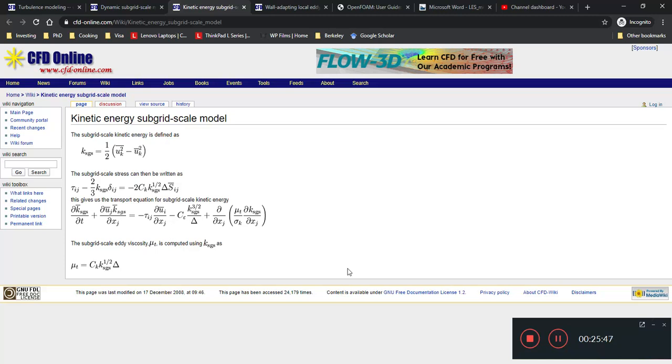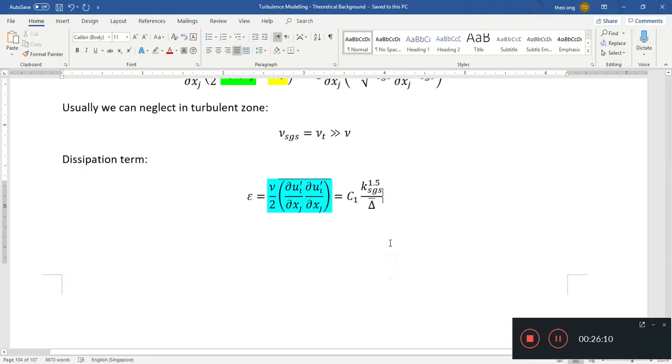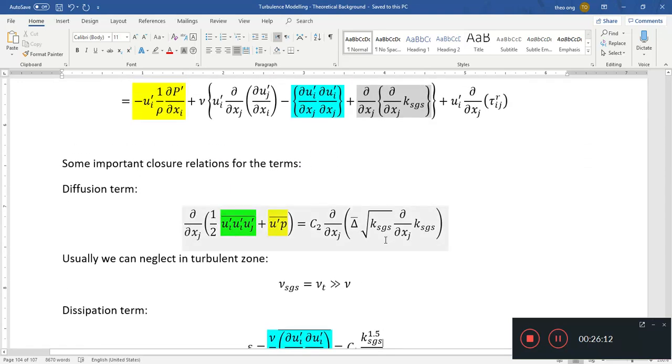And then we have this term which is probably a diffusion term. It's a diffusion of turbulent kinetic energy, so kinetic energy can diffuse across space. This term will probably deal with that. So that's a very rough overview of the K-equation.